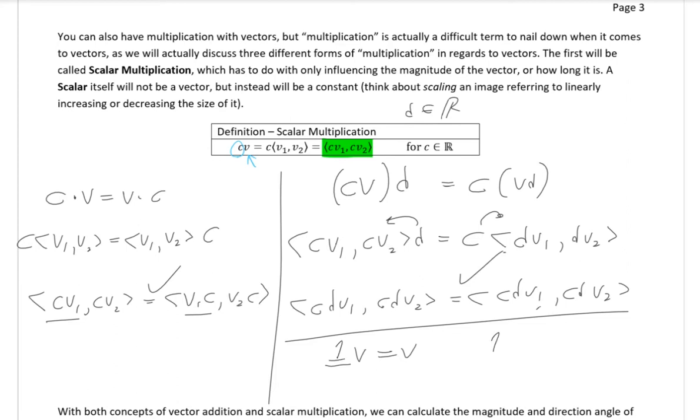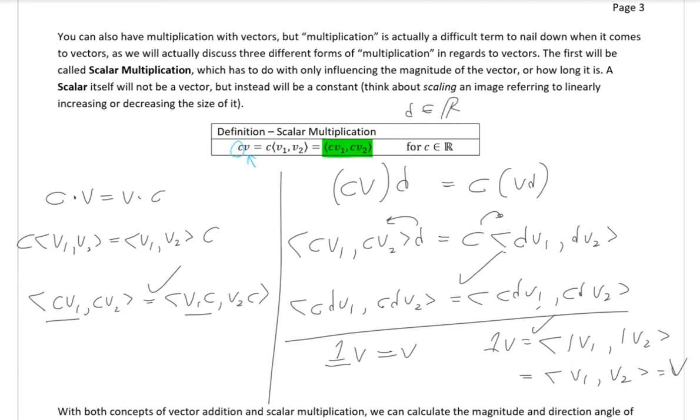If we do 1 times v, we get 1 times v1, 1 times v2, which is just v1, v2, or v. It doesn't change v at all if you multiply by 1. So therefore, we have a multiplicative identity. So all of these are still true for scalar multiplication.